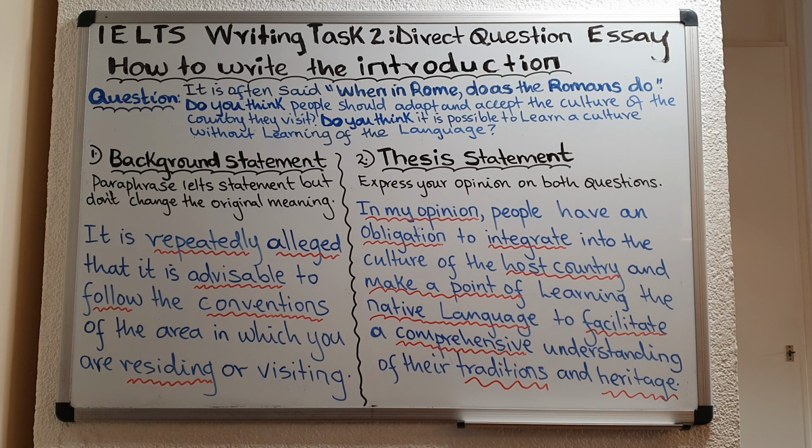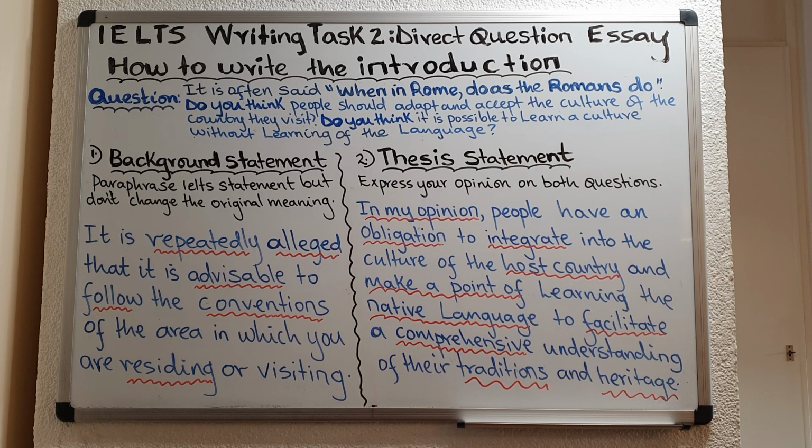So that is what you should write in your background statement for this question. You begin by rewriting the first part of the statement, and that is, it is often said that, and all you have to do is replace those words with synonyms. In our case, is remained the same, often was replaced by repeatedly, and said was replaced by alleged.